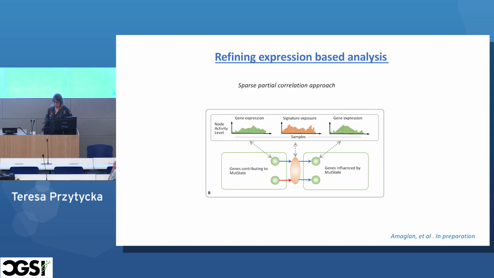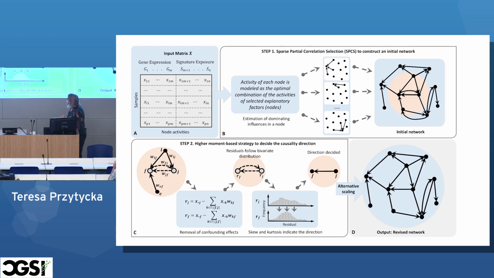So practically what we do is, for every gene or signature, we ask what is the sparse, the small number of other items that can explain a given activity of a given node as a linear combination of the activities of other nodes. So this will give us sparse networks.